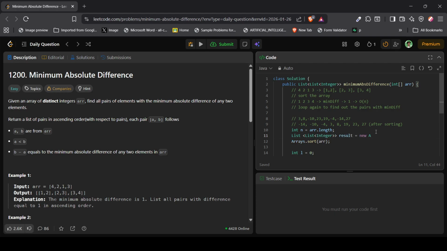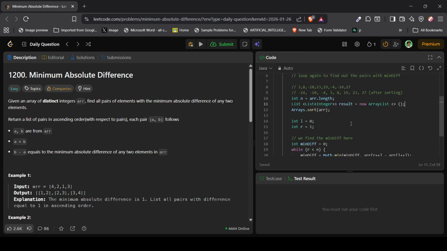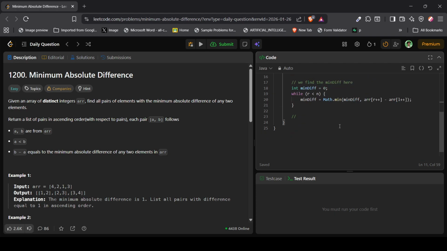New array list, sorry, array list, oh my god, array list, and the result will be, yeah, so it will be like: add the pairs which have min diff, while again we'll do the same thing, r less than n.